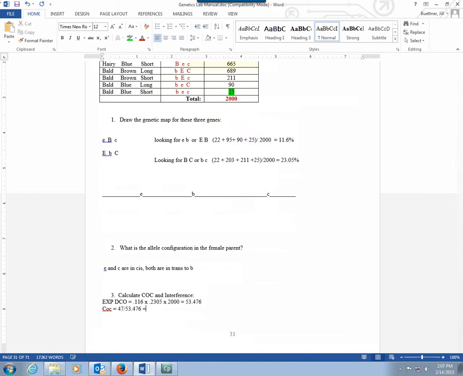And that will give you a CFC of 87.9%, or 0.879, and then your interference is 1 minus that number, so your interference is 0.121. So that's how you do problem 1.